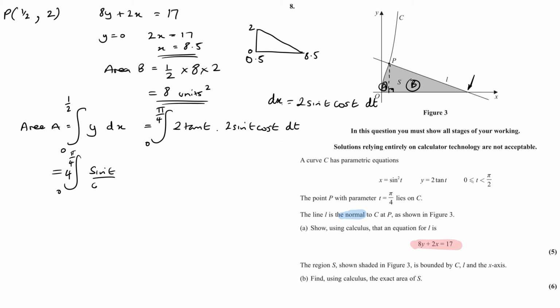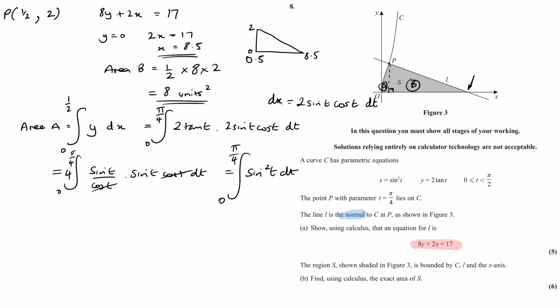Sine t over cos t times sine t cos t dt. The cos will cancel, so it's a sine squared there. So now I'm left with between pi by 4 and 0 sine squared t dt.